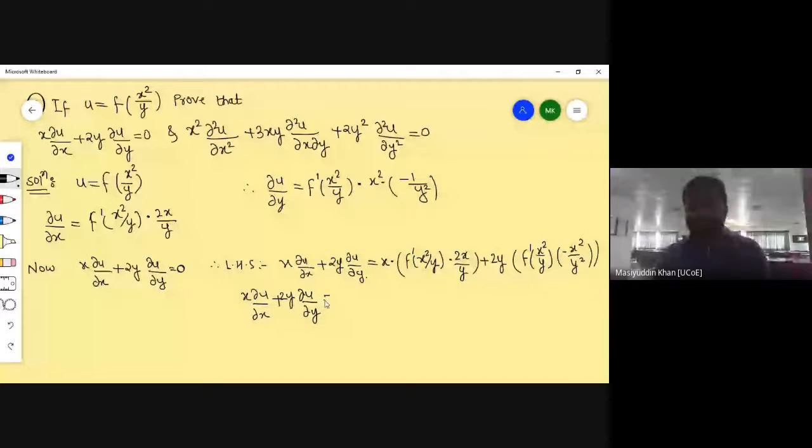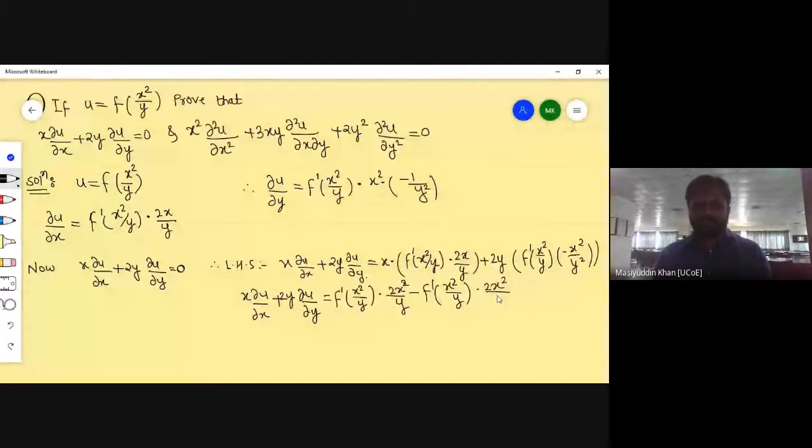So f dash of x square by y into 2x square by y, minus, because this is minus, so minus kept outside, f dash of x square by y into, so you can just see that this y and this square get cancelled, so you will get 2x square by y.